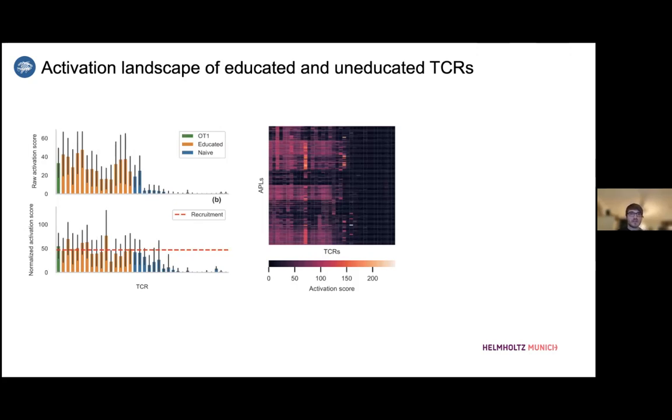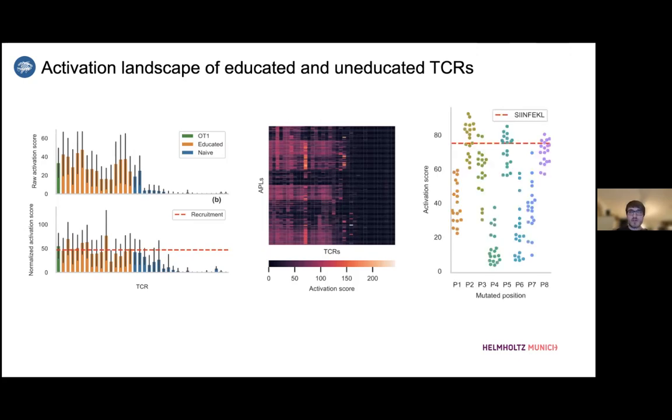So to give you an idea of how this data looks. On the one side, here in orange, we see the activated or educated repertoire. And you can appreciate that generally we see a stronger activation in that educated repertoire versus the naive repertoire, because it has essentially been pre-exposed already to that epitope.